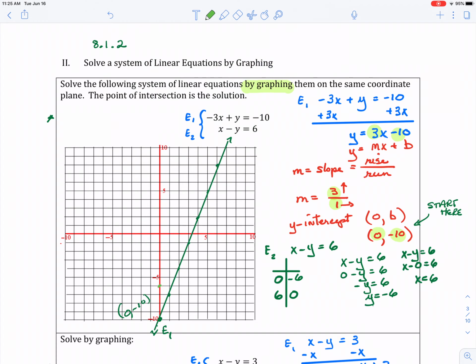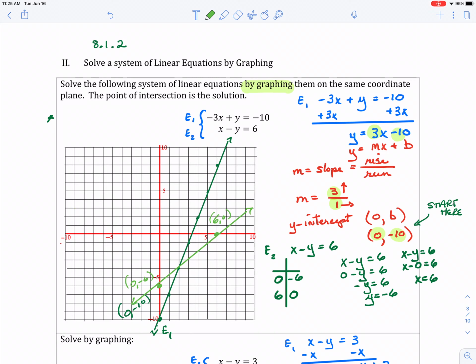0, -6 is here, and 6, 0 is here. And again, let me see if I can do a good job of drawing a nice line. Well, it's not real good, but I hope we can see what we're looking for.